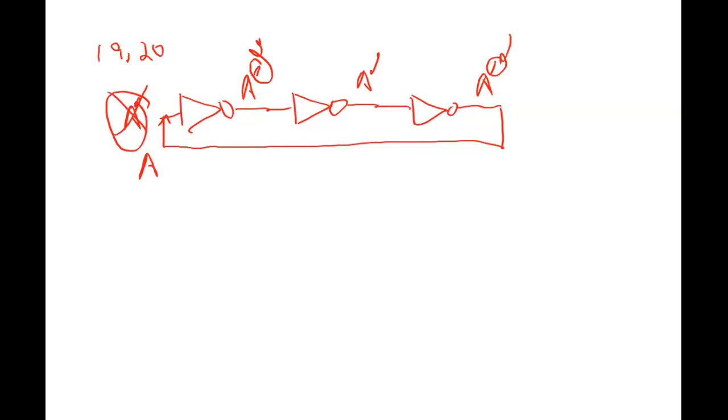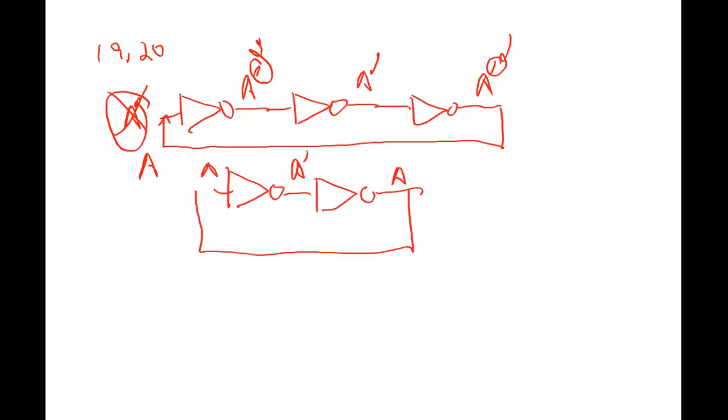Now that's different than if you did something like this. Now if I have A, this is A prime, and this is A, and now you have a way to store a bit. And this is 1 bit of static memory.